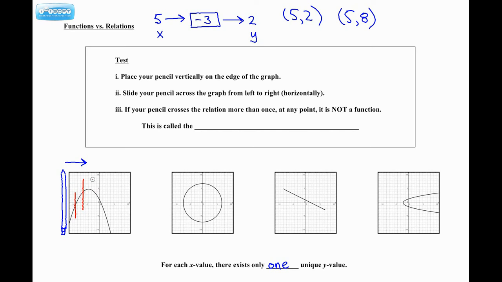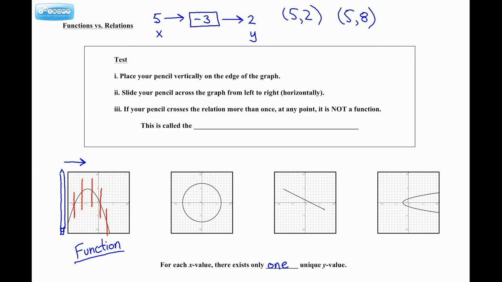Only once. Same here. Same here. So in fact, anywhere along this relation, my pencil is only going to cross over once. That's good, because that means this is a function. So any x value that's used can only produce one unique y value.